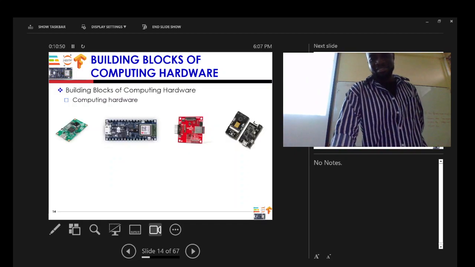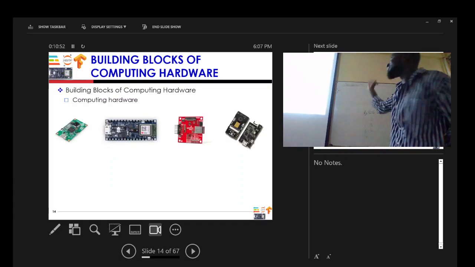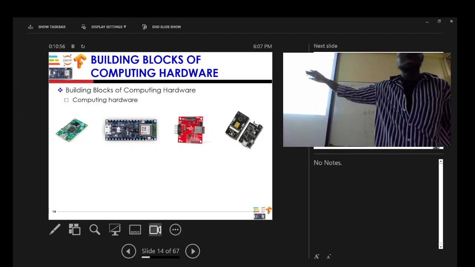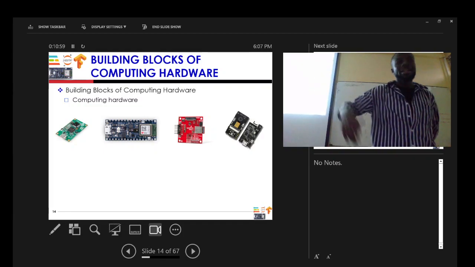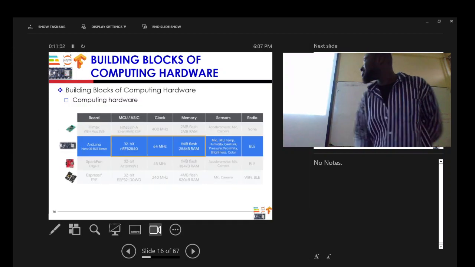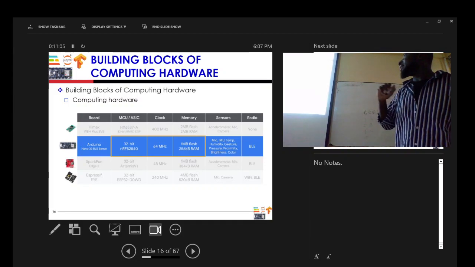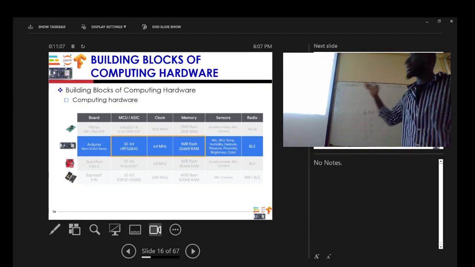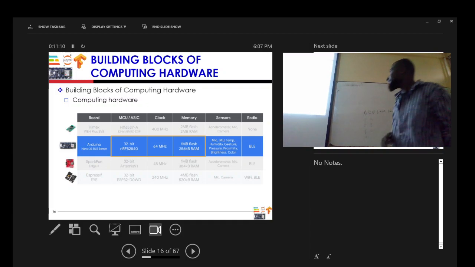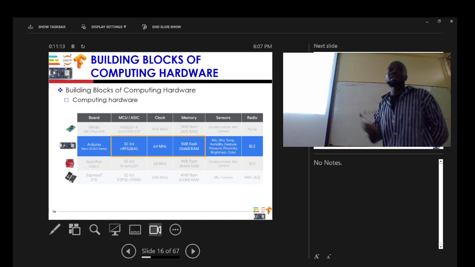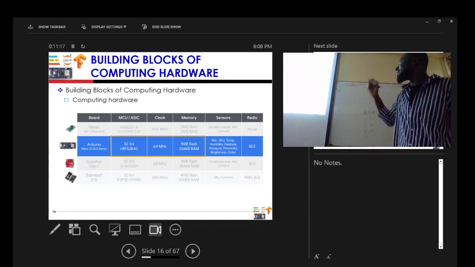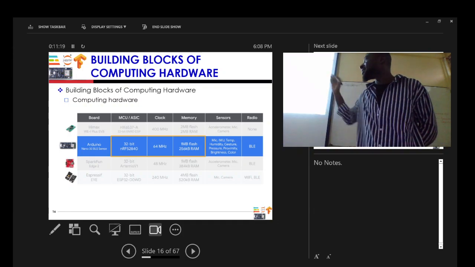Understood? Yes, sir. So these are some embedded boards, and what we are using is the second one. We have all seen it before. The clock frequency is 64 megahertz. The flash is 1 megabyte, and it has some internal sensors like the IMU, temperature, humidity, gesture, pressure, proximity, and stuff like that.